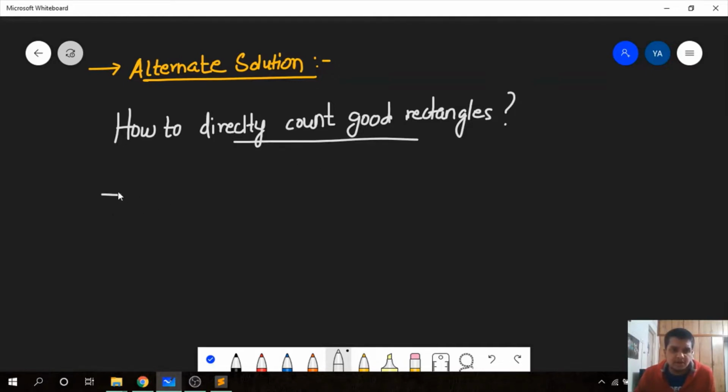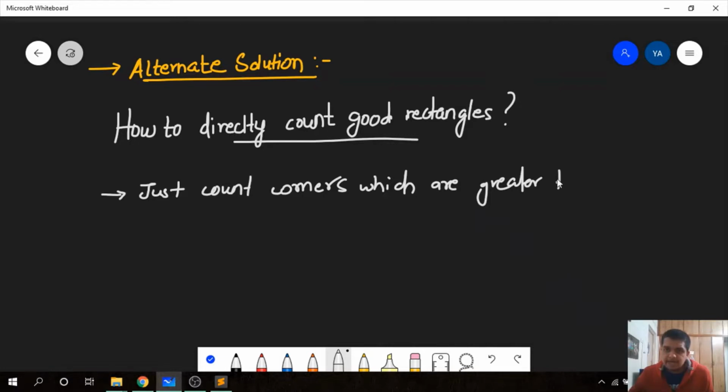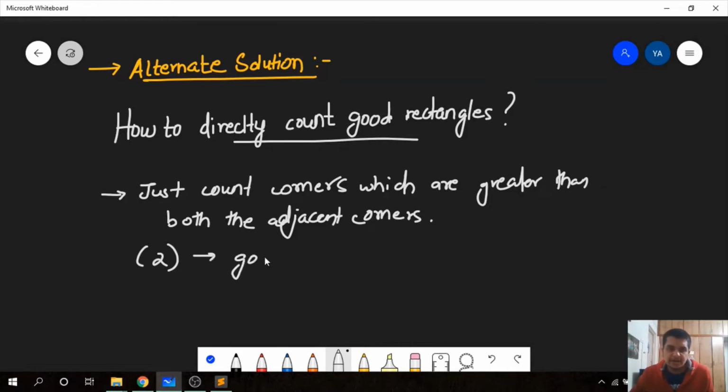So here we need to just count corners which are greater than both the adjacent corners. So if we can see, there will be two such corners for a good rectangle, and there will be one such corner for a bad rectangle.